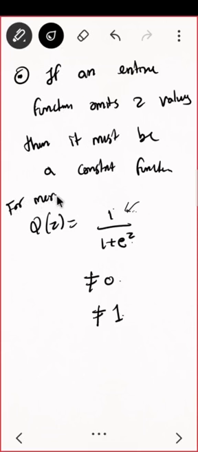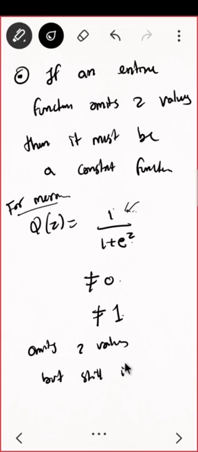So the answer would be a meromorphic function can omit two values. Correct? So you can say this omits two values, but still it is not constant. So a meromorphic function can omit two values.